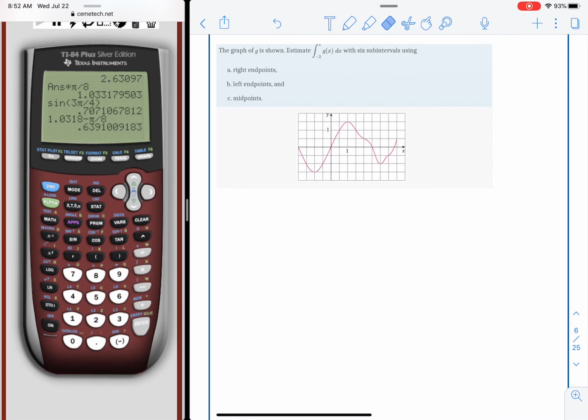So here is an example where we have a function g of x which is shown by this graph, and the interval of the function is from -2 up to positive 4. And we want to find the integral of g of x between -2 to 4.